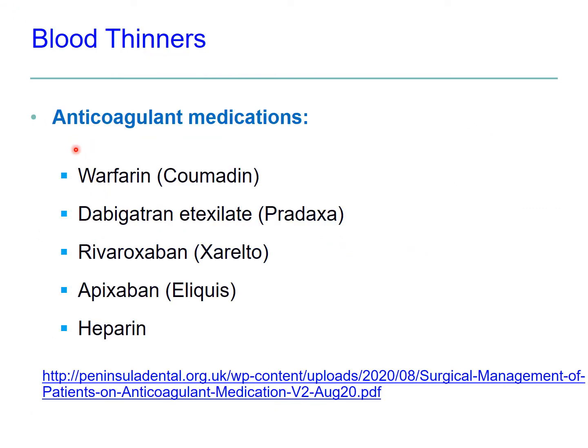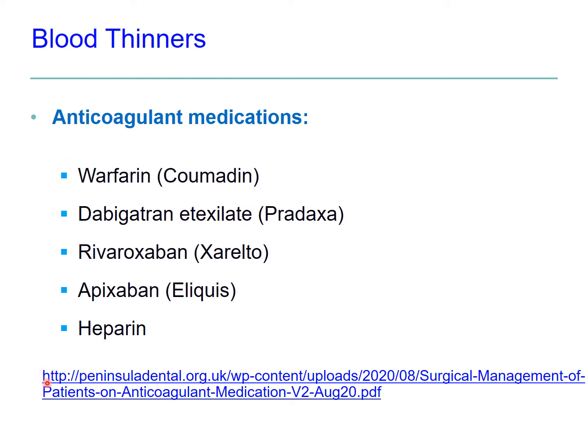The second group of blood thinners are the anticoagulant medications, which impair one or more steps in the coagulation cascade, and these drugs include warfarin, dabigatran, rivaroxaban, apixaban, and heparin, and we shall discuss each one of them in a bit more detail in the next slides.